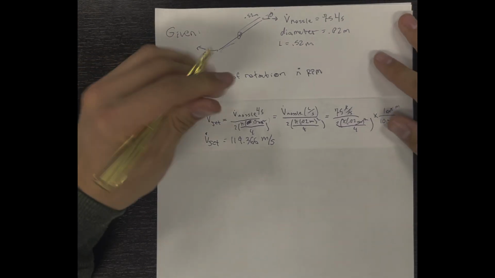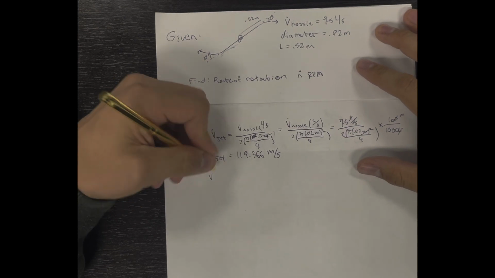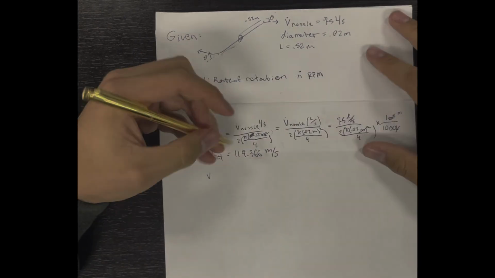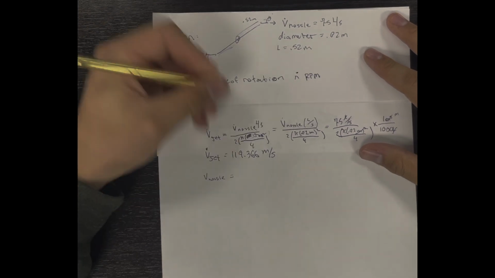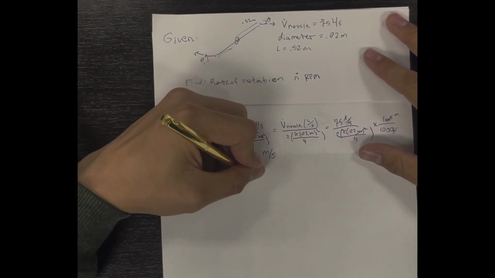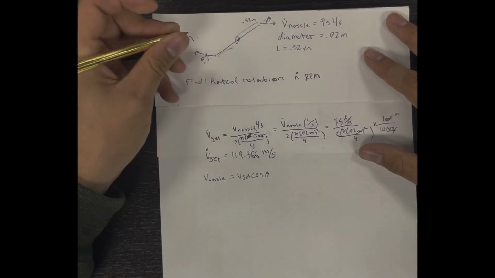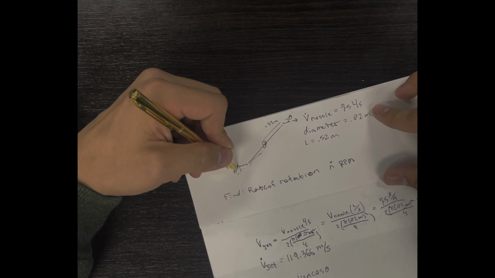I don't know why, this is just how you do it. This is how I'm gonna do it on the exam, and I cannot explain why, but basically, the volume of the nozzle is equal to the volume flow rate of the jet times cosine of theta. I'm assuming cosine because this is the x, and x is normally cosine.